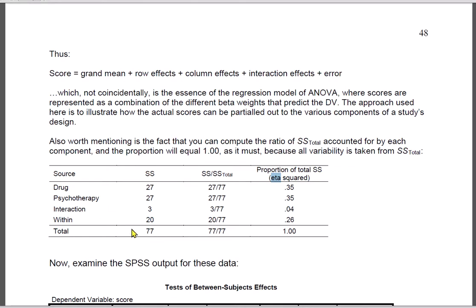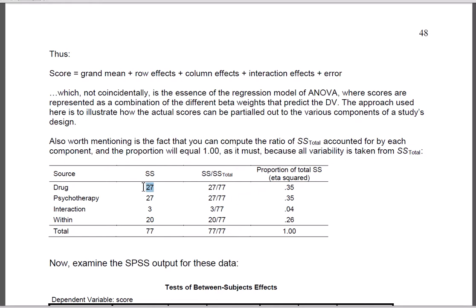And so this is the total amount of sum of squares that's within our model, not based on the baseline and not based on the total squared raw scores. If we take any one of these individual components and divide it by 77, then we have the proportion.